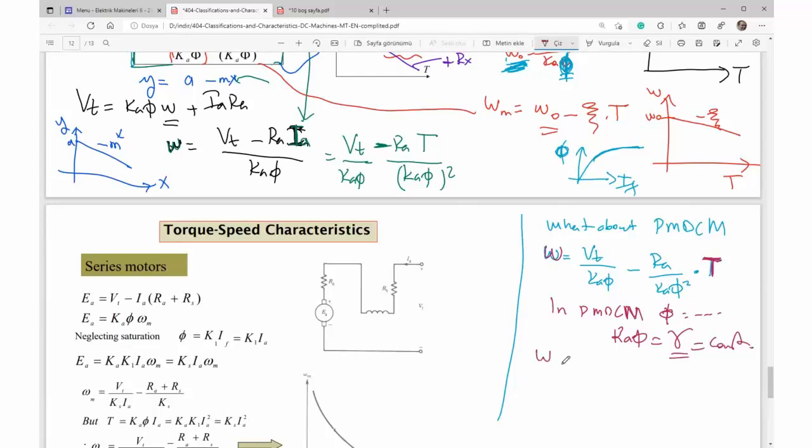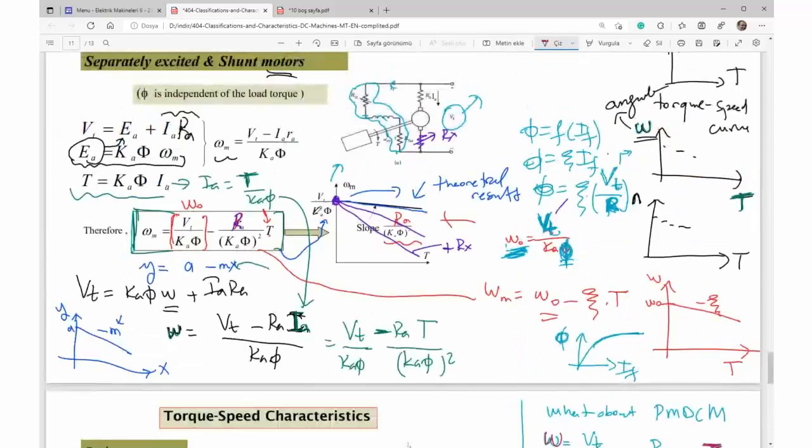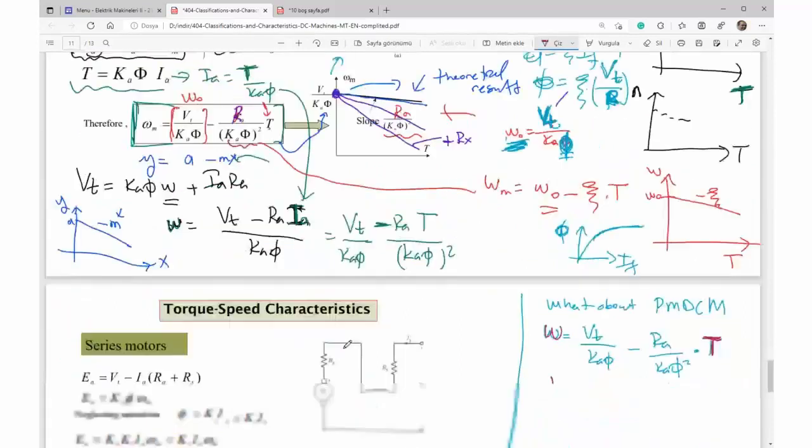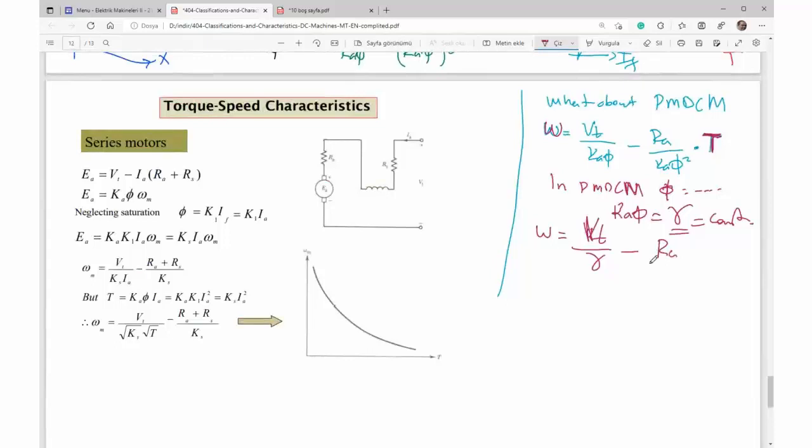So angular speed is Vt over gamma minus Ra over gamma squared times T. But again, this is also another coefficient. Let me say zeta. Omega is equal to Vt over gamma minus zeta times T.